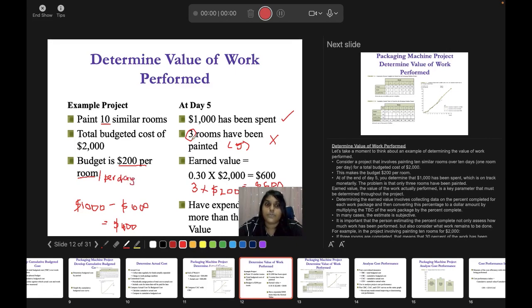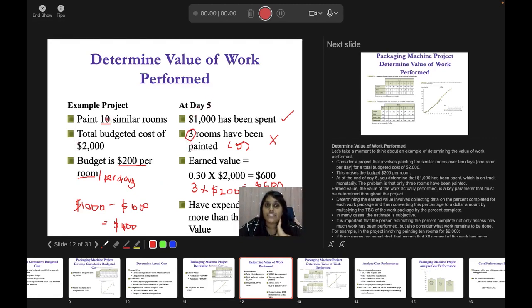It is per room per day. So that means at day 5, $200 times 5, you are supposed to use 1000. You have used 1000. That means this is achieved. But you only painted 3 rooms, whereas you are supposed to paint 5 rooms.